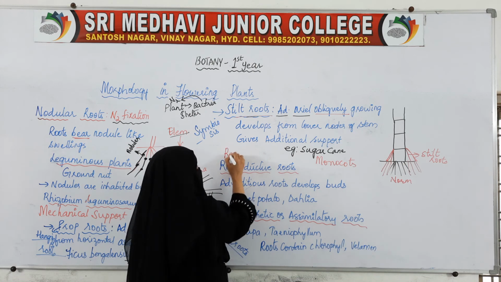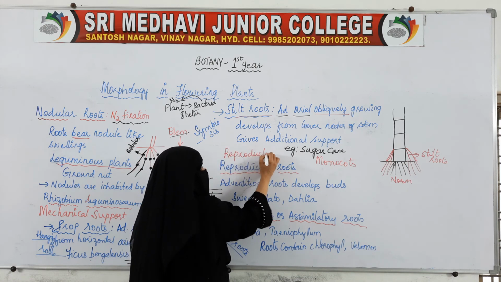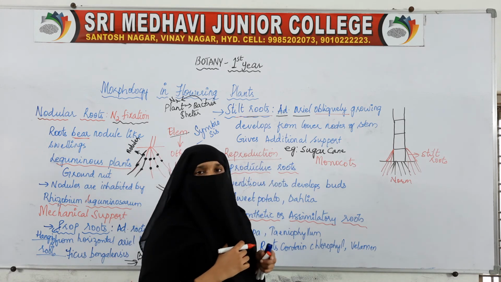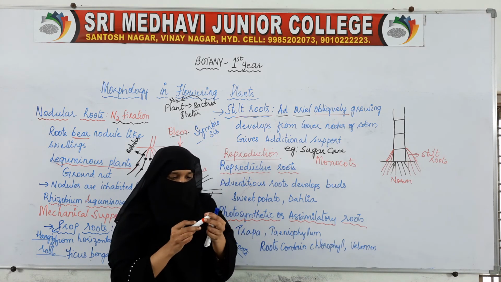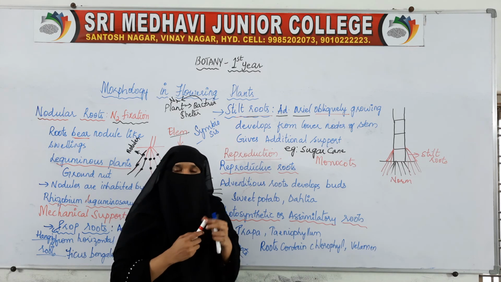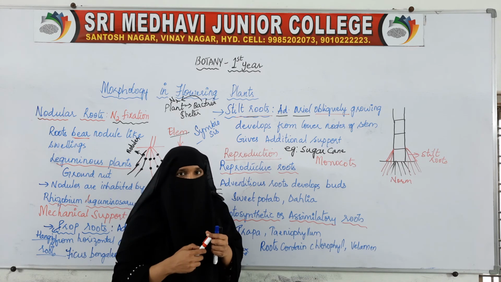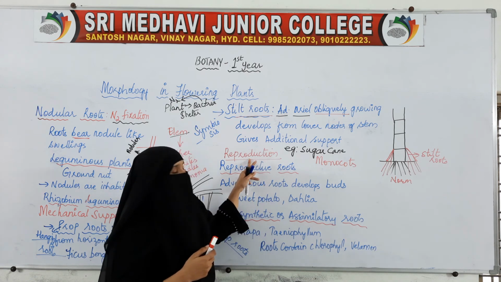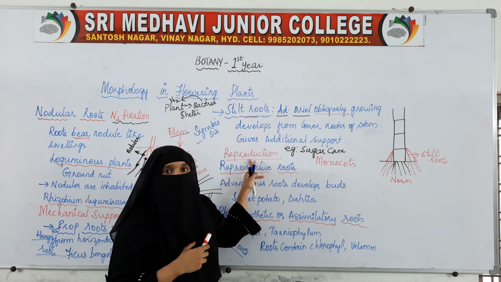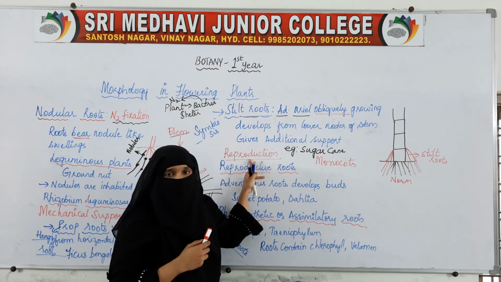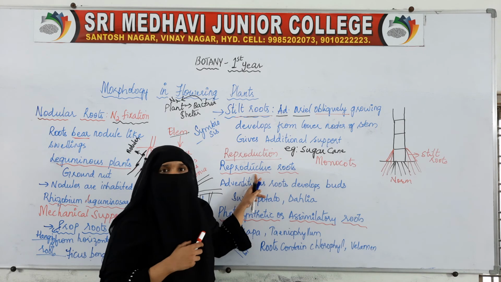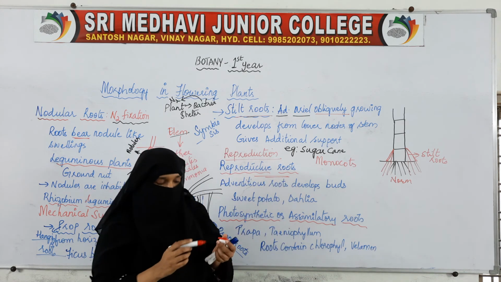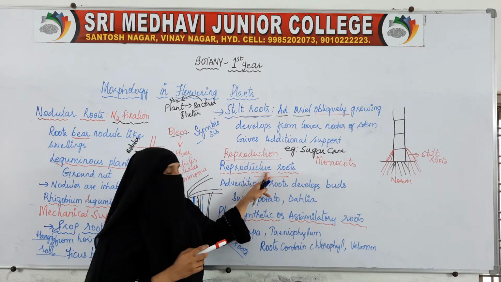Apart from performing the function of storage of food, mechanical support, respiration or fixing nitrogen, roots will also perform the additional function of reproduction. So the roots which help in reproduction are called reproductive roots.